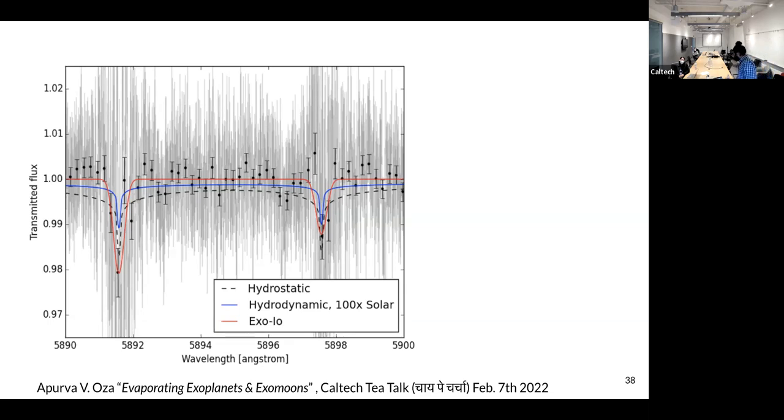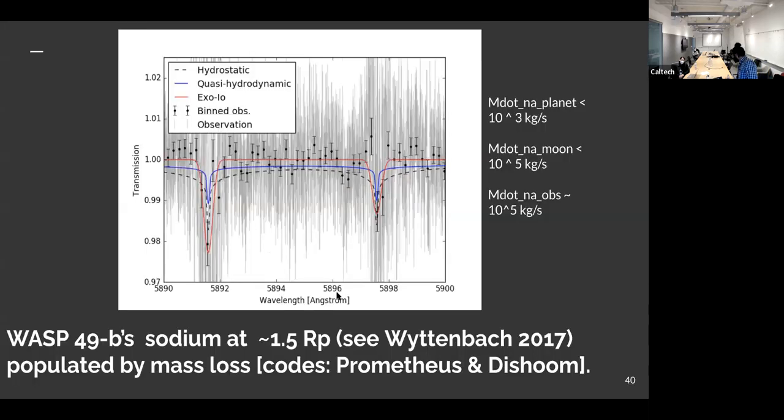And so that was that. Calculating the mass loss rates now in kilograms a second, since the equivalent width of these lines gives a minimum abundance, at present it seems that the planet can't supply enough sodium, and so a sputtered moon seems to be reasonable.